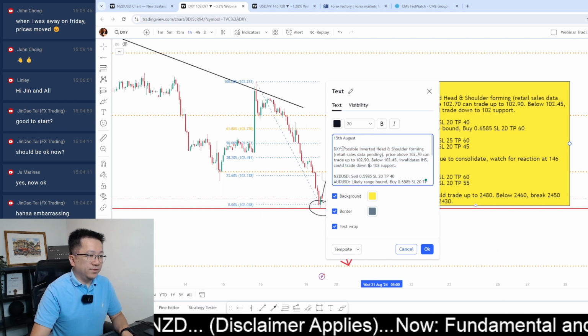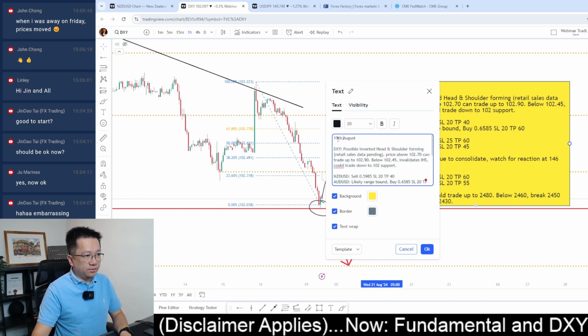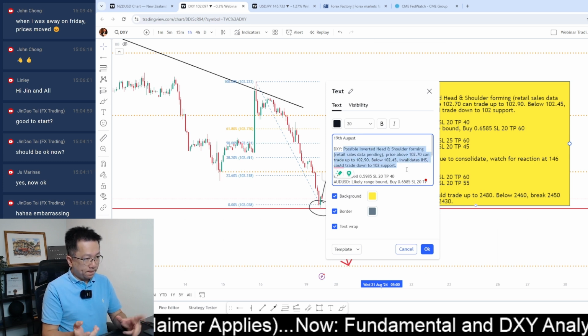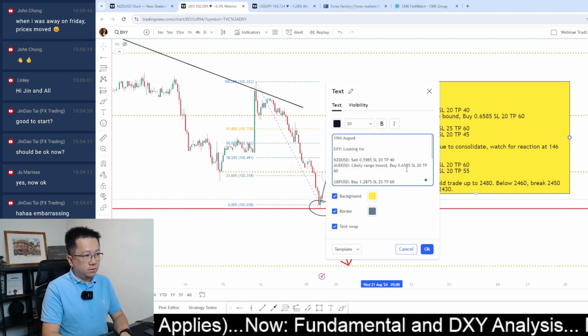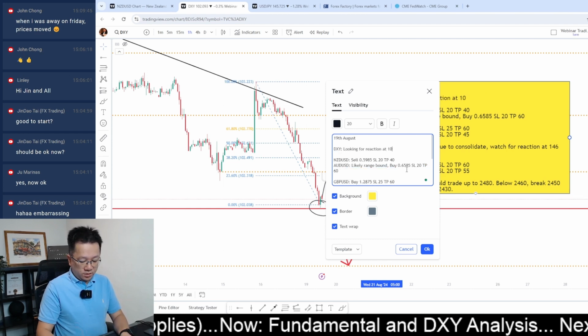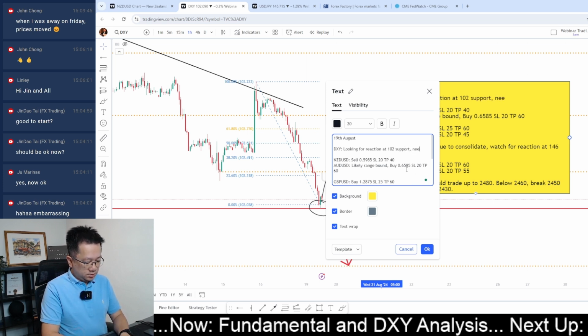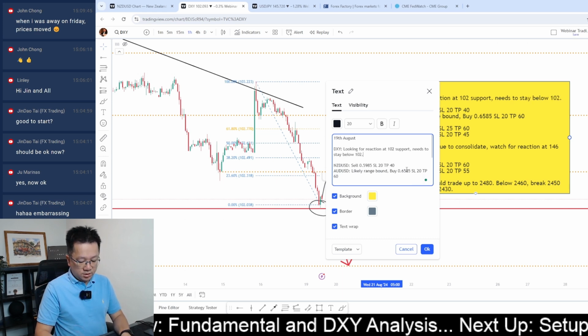So now with that, today is the 19th of August. Dollar index, looking for reaction at 102. Support, needs to stay below 102.35.